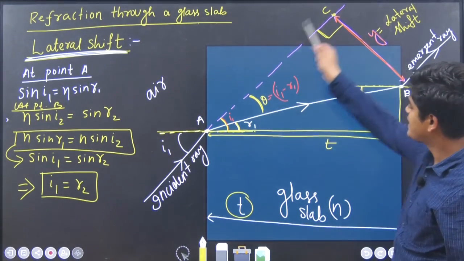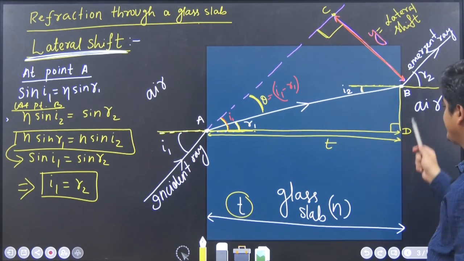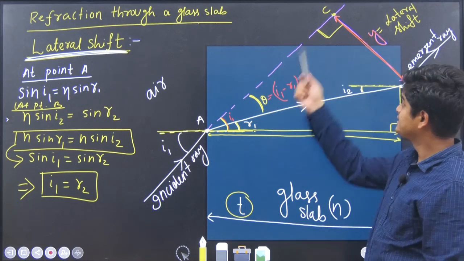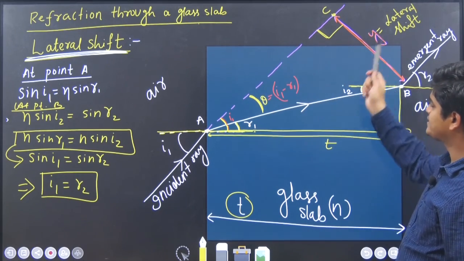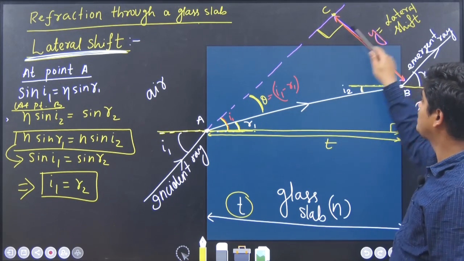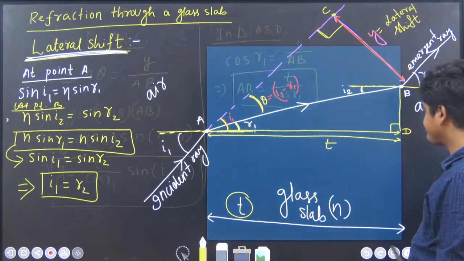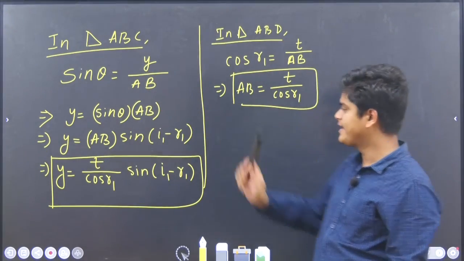First you consider the ABC triangle, then you consider the ABD triangle. First in this case you get y relation with AB and sin theta, or you can write sin theta equal to perpendicular by hypotenuse. That's why I have written sin theta equal to y by AB.